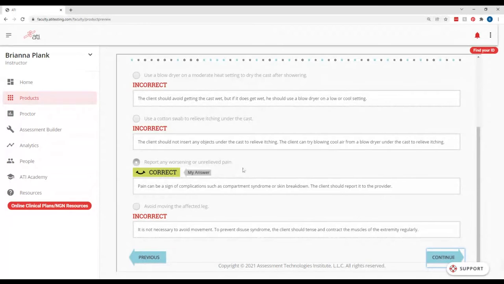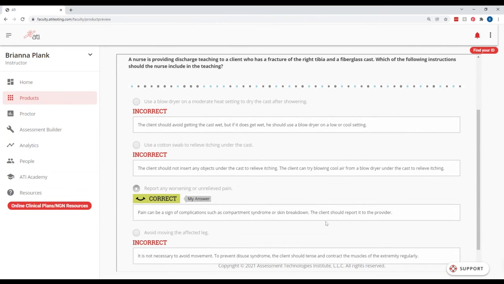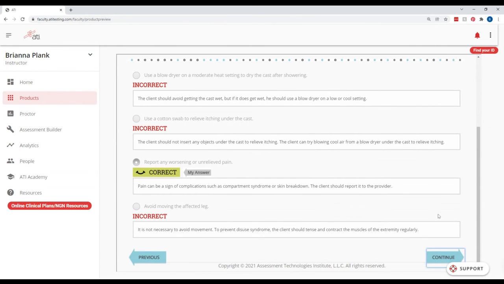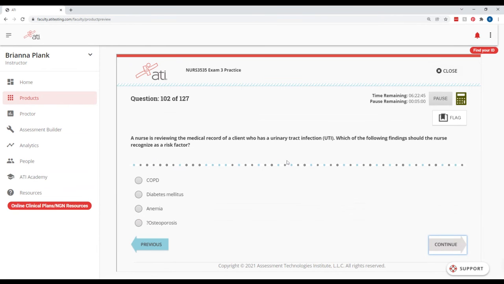Worsening unrelieved pain underneath the cast is concerning, right? Because we could have edema and things going on under there. So we definitely want them to report that. They're gonna use their leg with limitations. So we want them to still move the leg.